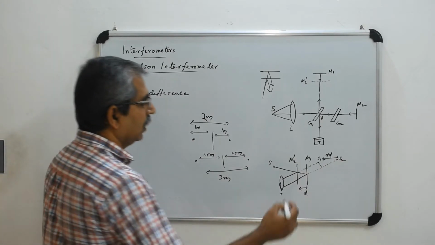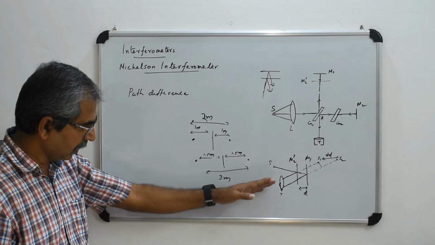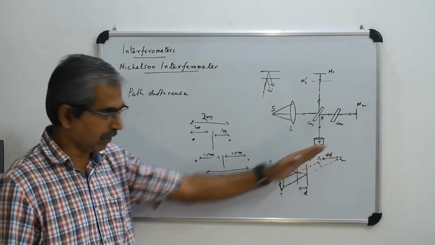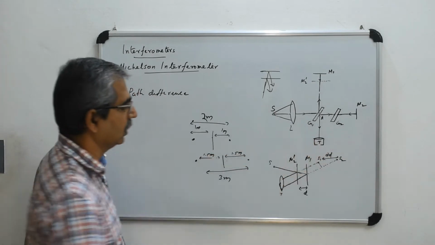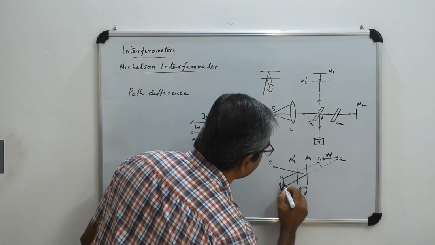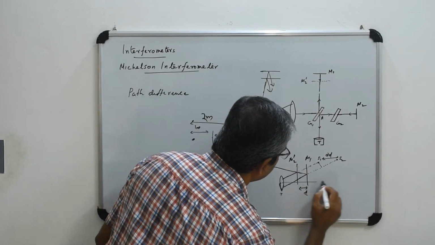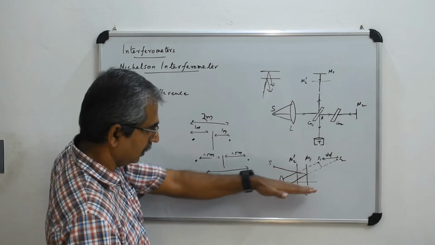Now suppose this is a telescope. You are observing from here, looking at a certain angle. That is why we are drawing this. You are looking along this particular direction, and you can draw a line here. This angle is the angle of observation, measured from the horizontal.